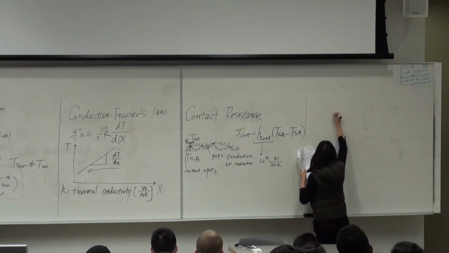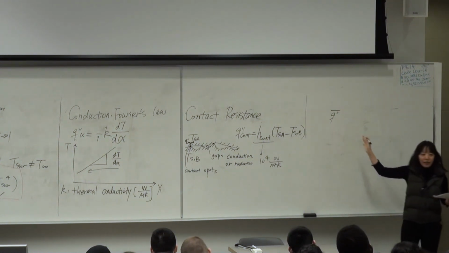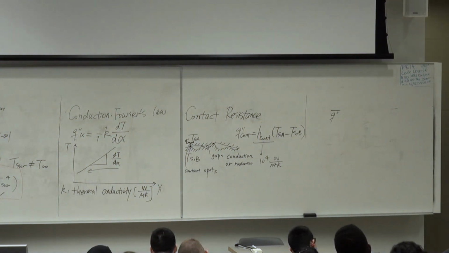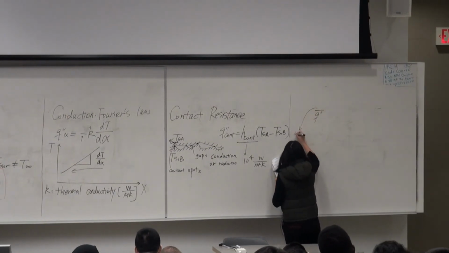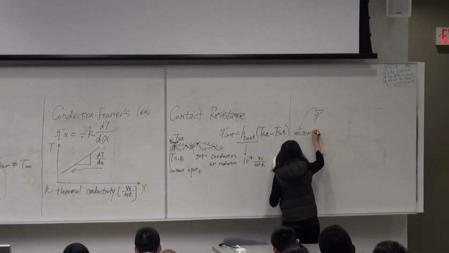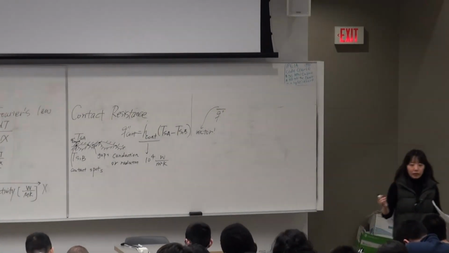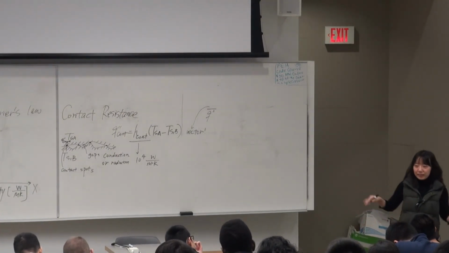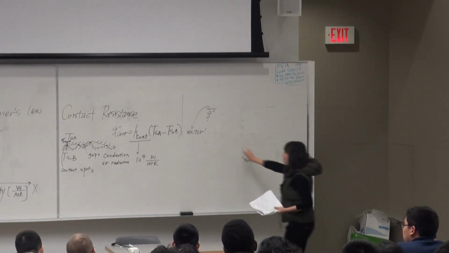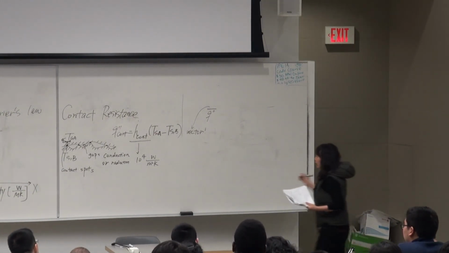If we use the heat flux with a bar on top, it does not mean an average value, but it means a vector. Because the heat flux, besides its magnitude, also has directions. It can be up, can be down, can be sideways. So we use the bar to represent that it is a vector.